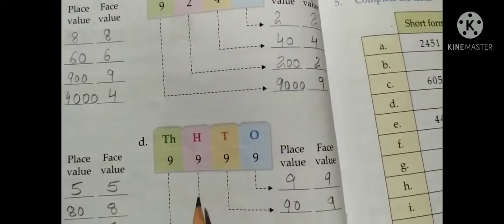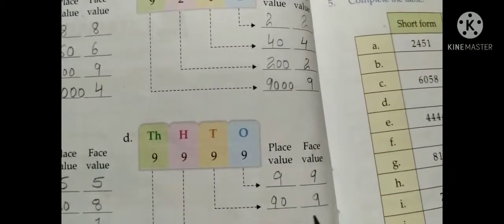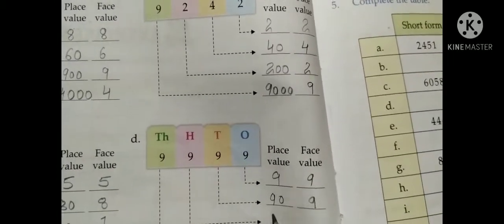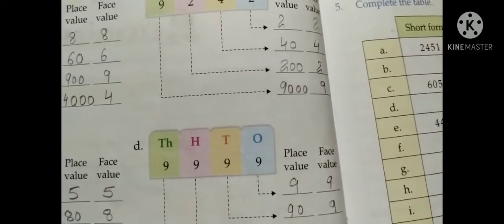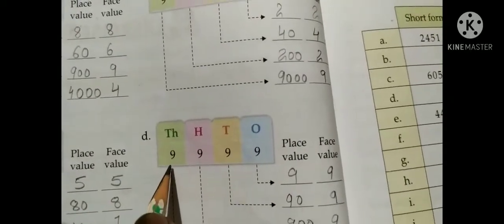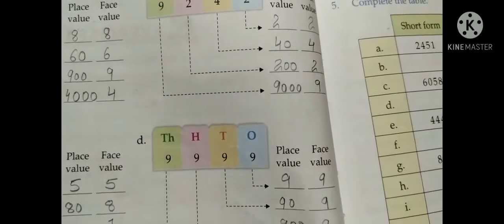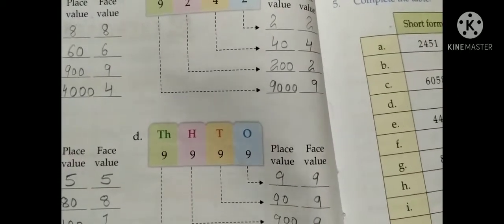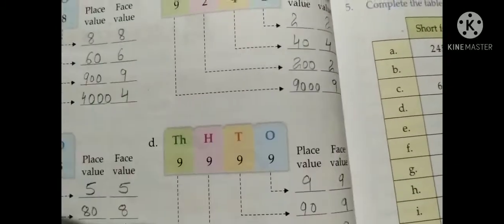Then 9 is on 100 place, multiply 9 with 100, it will become 900, and 9 will be the face value. Then 9 is on 1000 place, 1000 times 9 is 9000, and 9 will be the face value.